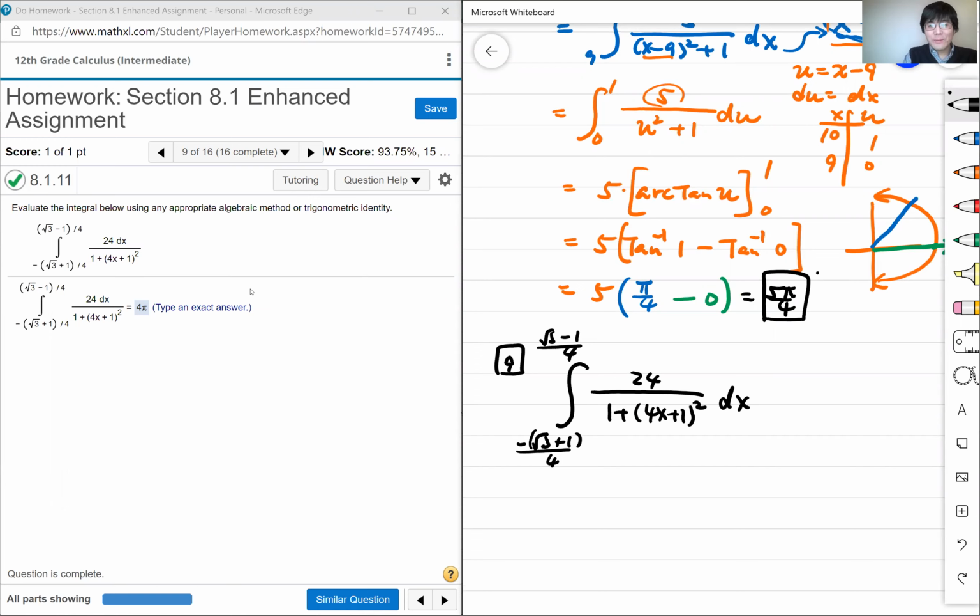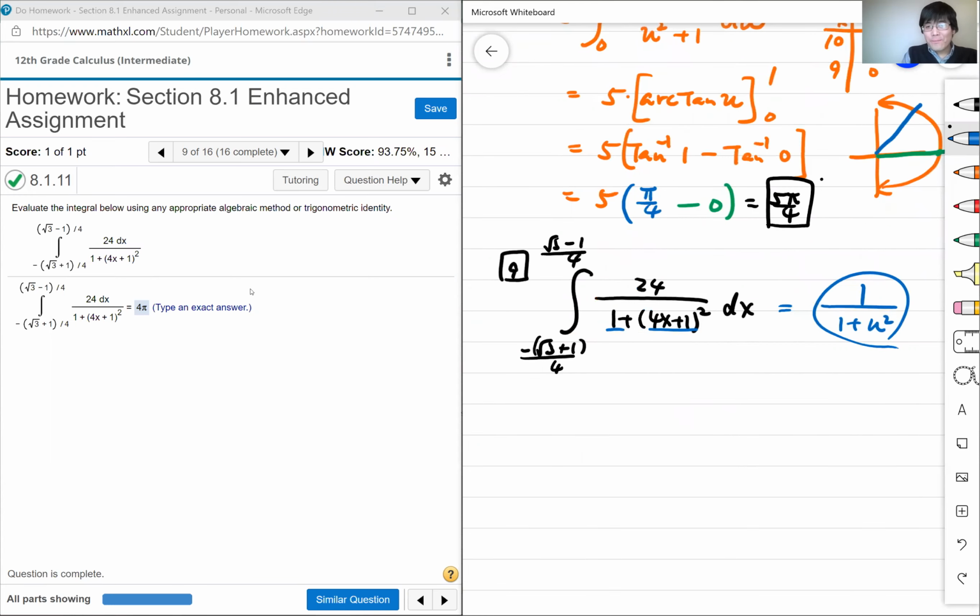So again, this is already in complete squared form. So it's a square plus square. So it looks like 1 plus u squared. So its problem is basically identical to this. So you will make a substitution.